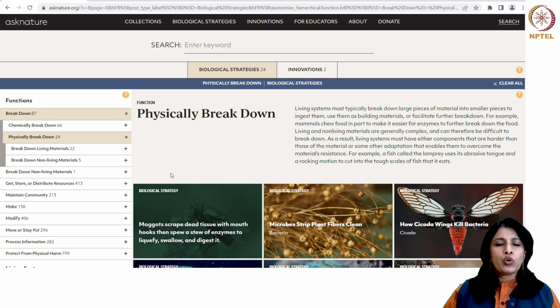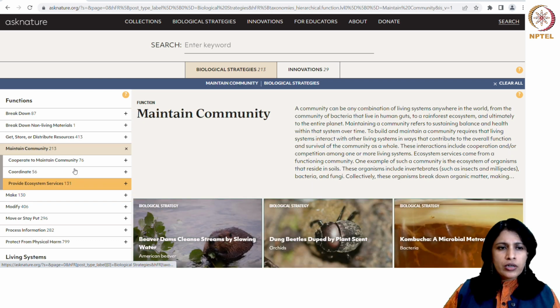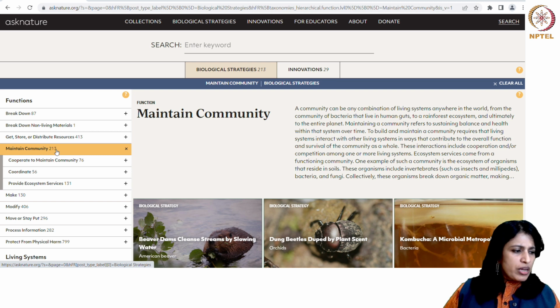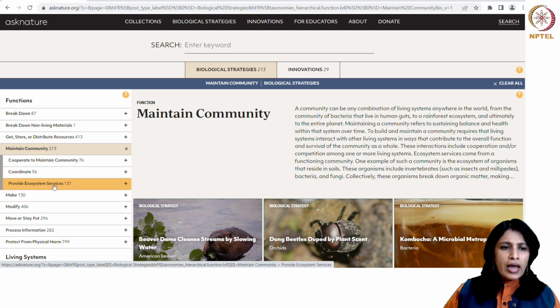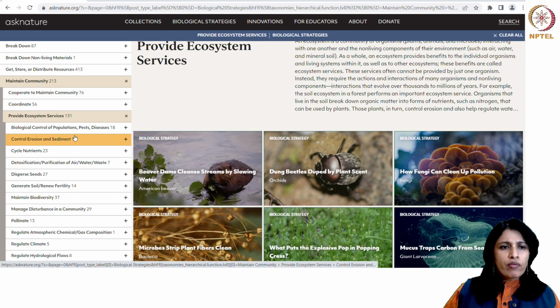For example, if you look at how nature maintains community. So you're looking at how nature maintains community. Under community, you see 213 organisms that are maintaining community. You could say that, okay, under maintaining community, let me look at, let's say, providing ecosystem services. And under that, there are various functions that are available.